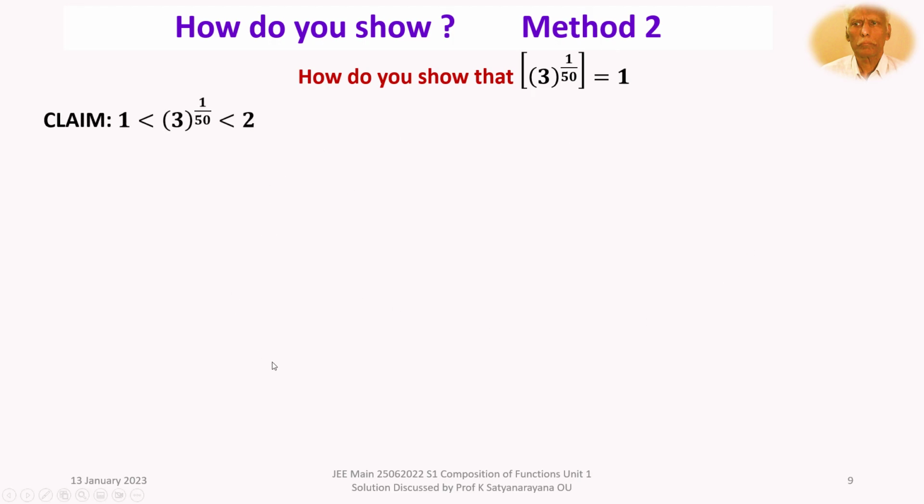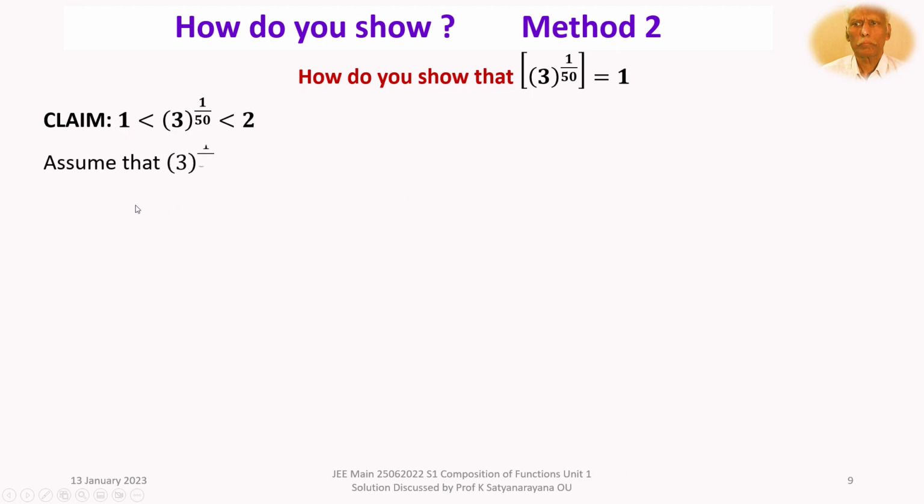Now I want to prove that 1 is strictly less than 3 power 1 by 50, strictly less than 2. If I can prove this, then it will be 1 point something, then the greatest integer less than or equal to 3 power 1 by 50 will be 1 only.